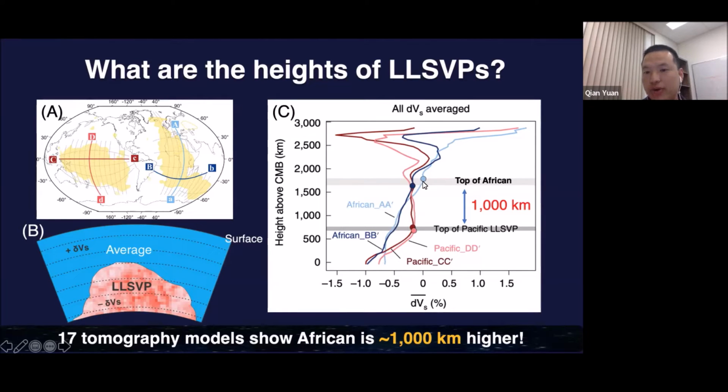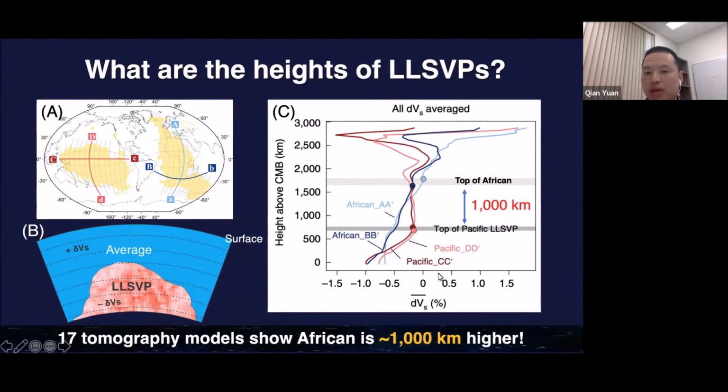As we can see, it's very clear the top of the African LLSVP seems to be much higher, like 1,000 kilometers higher than the top of the Pacific LLSVP. The higher African LLSVP is expected, but we didn't expect it to be that high.